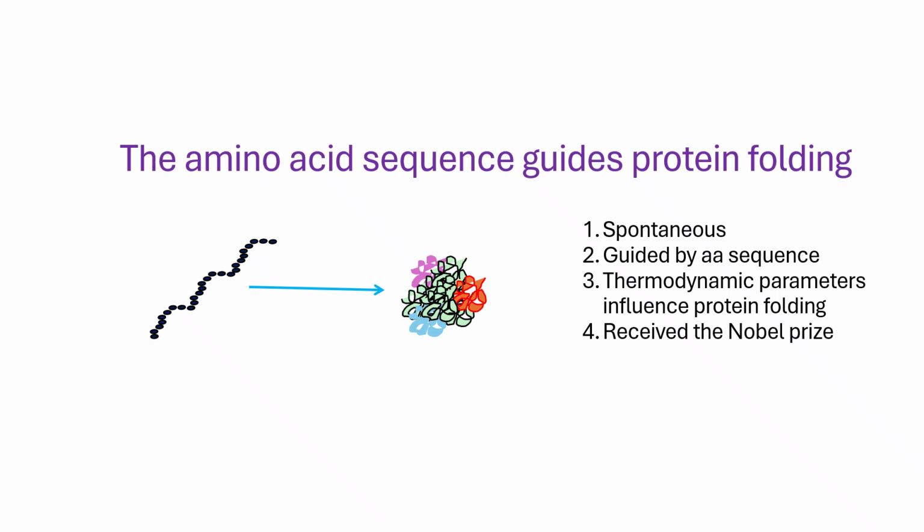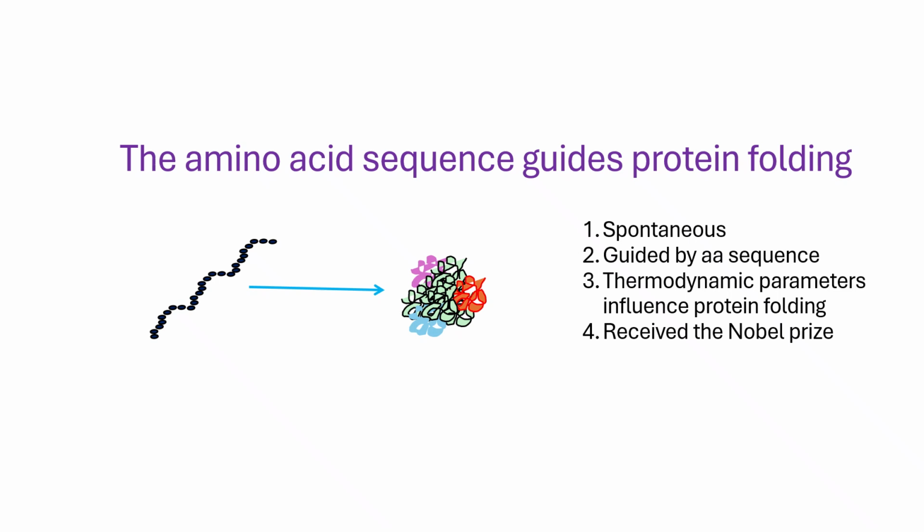Second, it is guided by thermodynamic parameters such as minimization of free energy change delta G and also maximization of the entropic changes of the system. It means that the folded or native conformation is the most stable form of a protein.